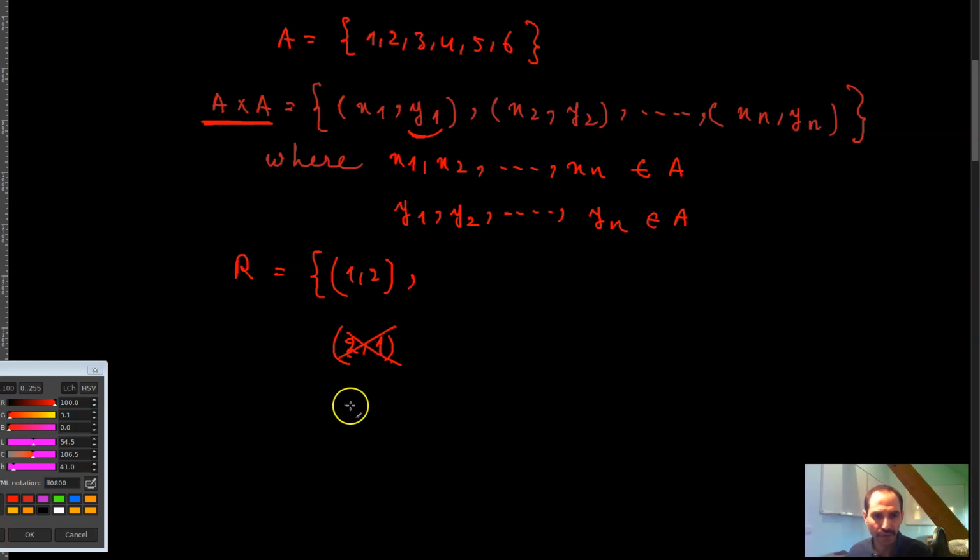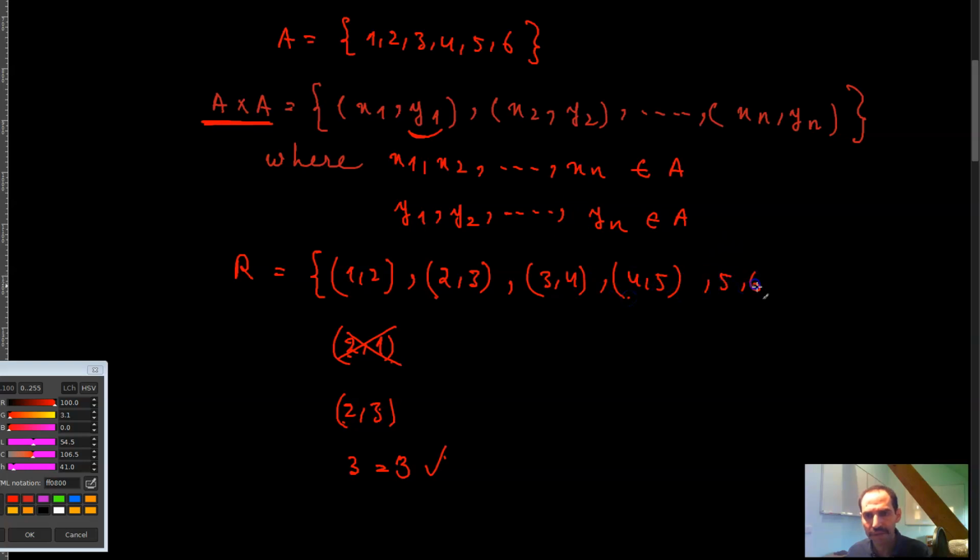If I write 2, 3, then x plus 1 is equal to 3, and y is equal to 3. These are equal, so this is what I'm looking for. This is 2, 3. And then by the same logic, you can go for 3, 4, and 4, 5, and 5, 6, and there are no more elements here that you can write.